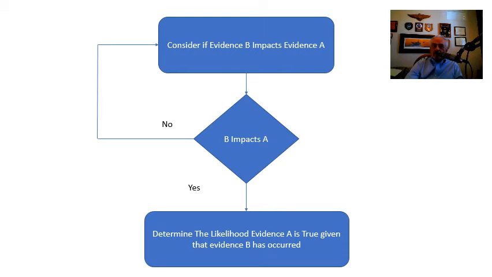So this is an important thing to seriously consider. We don't look at things individually. We don't look at things in isolation. We look at things with respect to other related things, and that's the power of this algorithm.